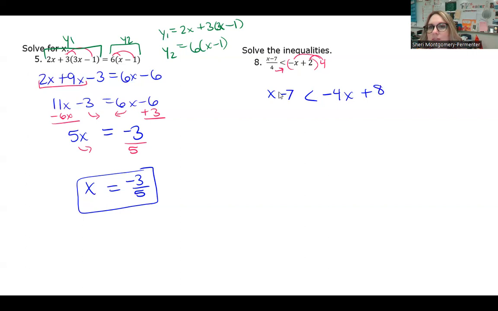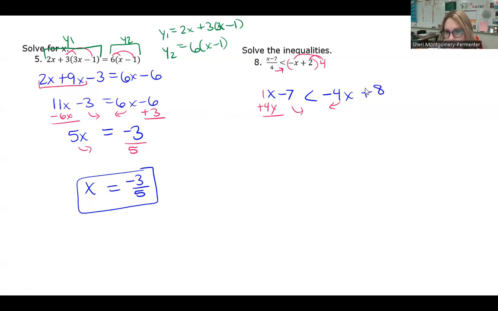Okay, we've got x's on both sides. I have a 1 and I have a minus 4. 1 is bigger than negative 4. So we're going to bring over the minus 4x and add 4x. Remember, that's a 1. If our goal is to get x by itself, then I can also move the minus 7.